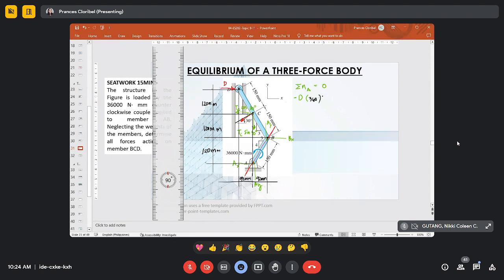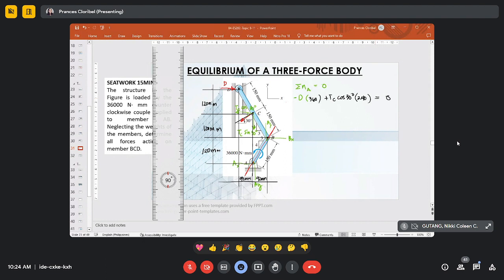D to A. Next, the x component, TC cosine of 30 degrees going toward A rotates counterclockwise, so positive. Plus TC cosine of 30 degrees times its perpendicular distance, 240. Next, the y component is directly in line, so its perpendicular distance is 0. And then equate to 0.